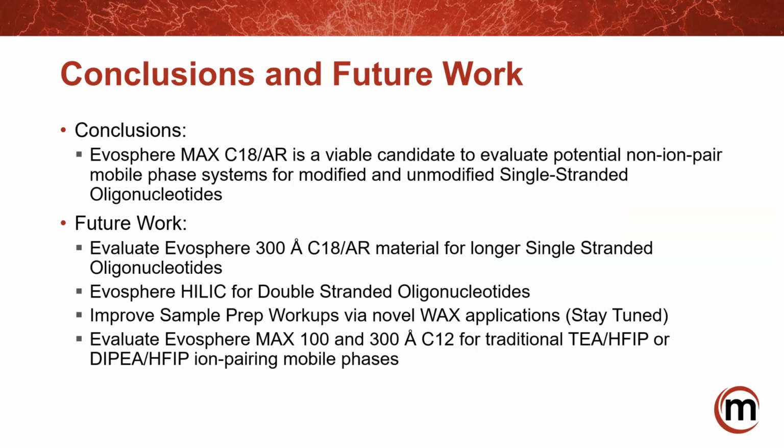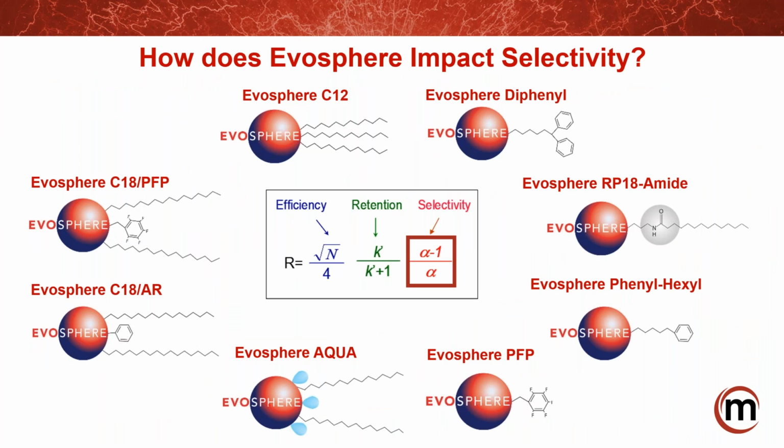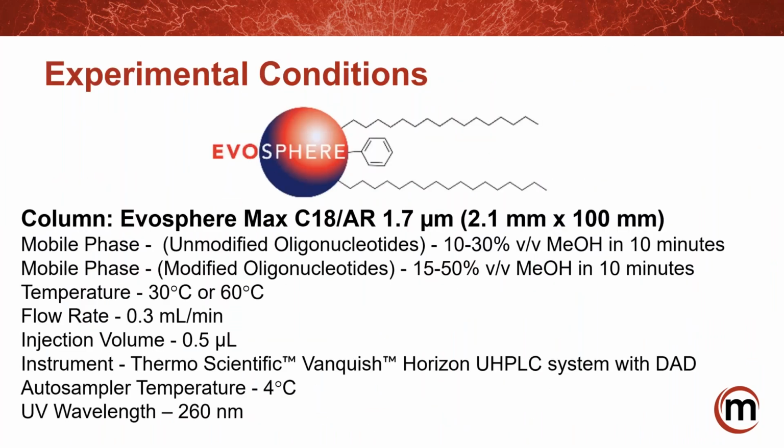I think I had talked about it earlier. If you can see right there, the standard scouting was 10 to 30% methanol for the unmodified in 10 minutes, and for the modified it was 15 to 50% in 10 minutes. So gradient is sort of the de facto standard.